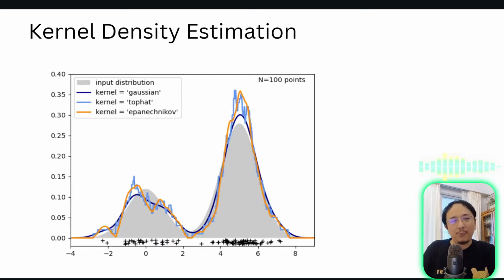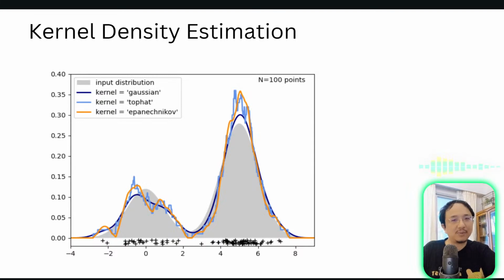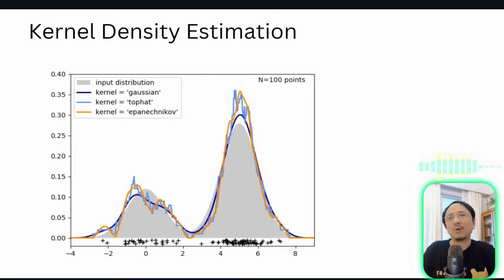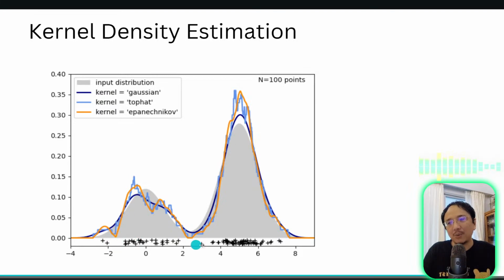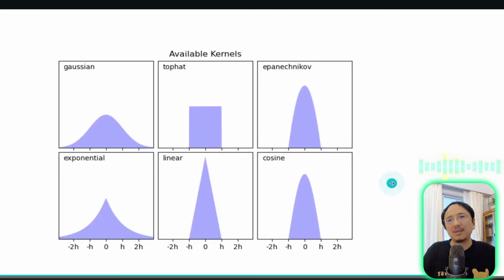Another thing that we should do is to estimate the density function, the probability density, from the samples. For example, we have these samples right here, and we can draw the density estimation right here. There are different kernels that we use, like Gaussian, top-hat, or different things.